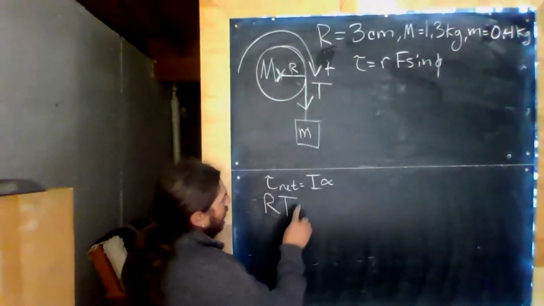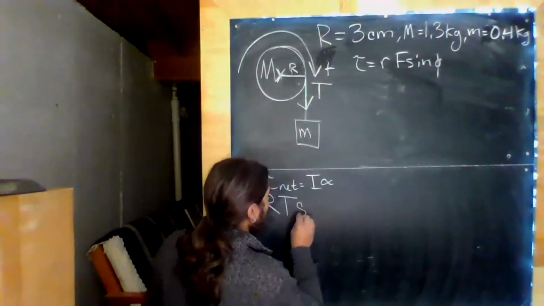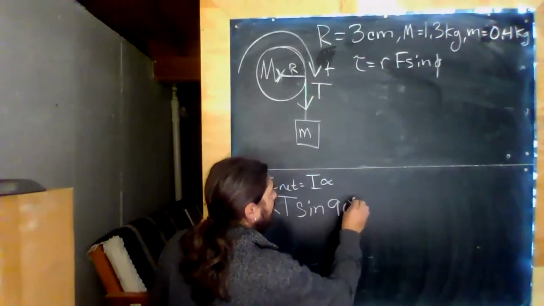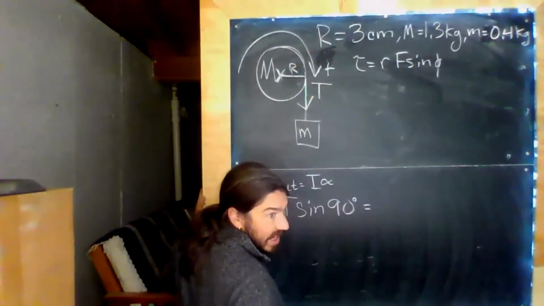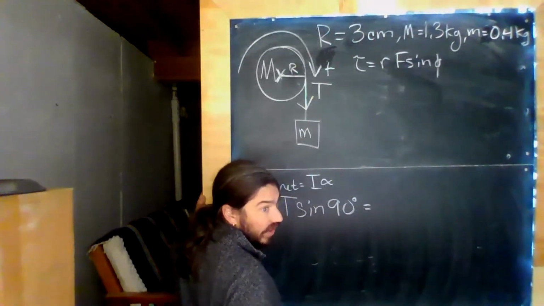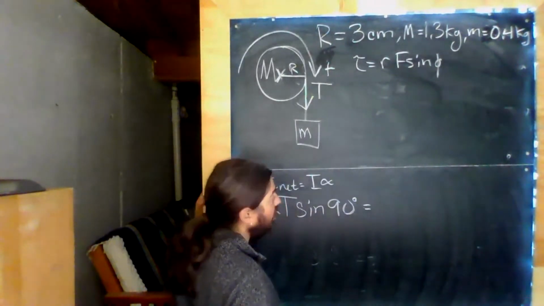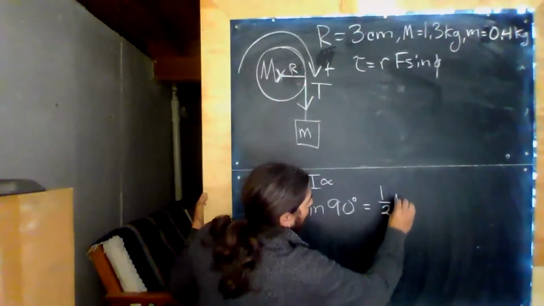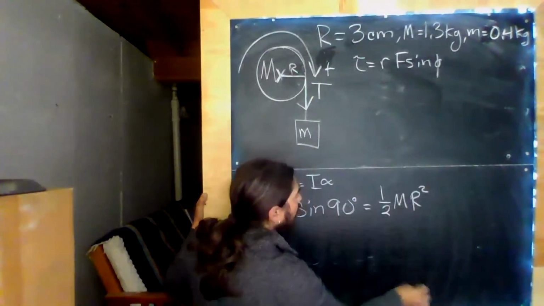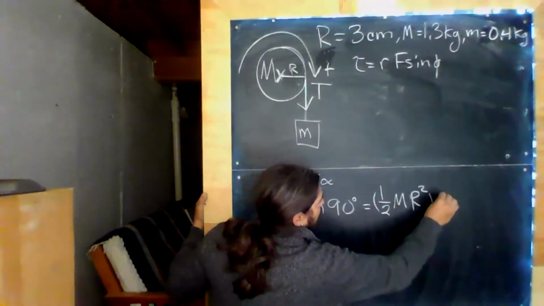So we've got R times T times the sine of 90 degrees, which is, of course, 1, equals I alpha. Well, this is a uniform drum on a frictionless axle. We should look up I in that chart that I gave you. It is 1/2 mR squared times alpha.